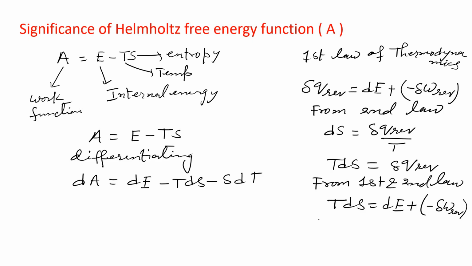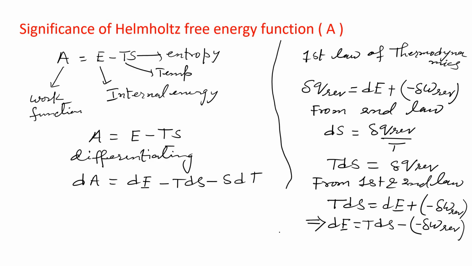Then from here I can write dE is equal to TdS minus this reversible work done by the system. Right. So, this one we know. Now, I'll make one demarcation from here to here.